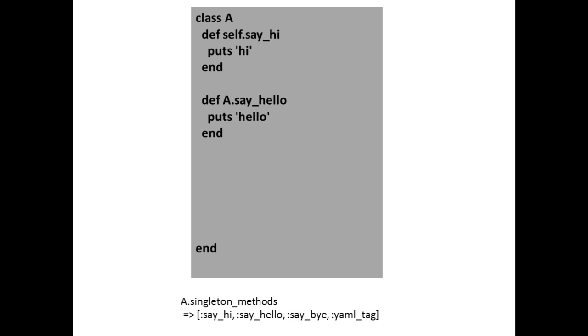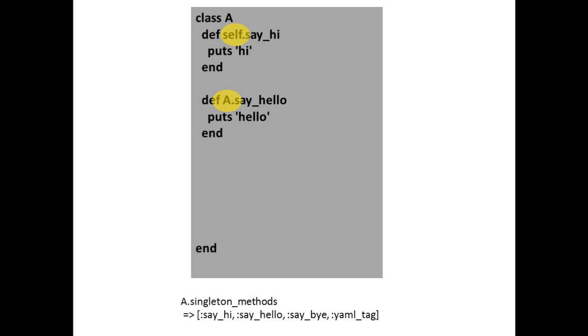Before we introduce singleton class, there are two approaches to define class methods. You can either use the class keyword, the self keyword, or the class name. But now we have a third way to define a class method.